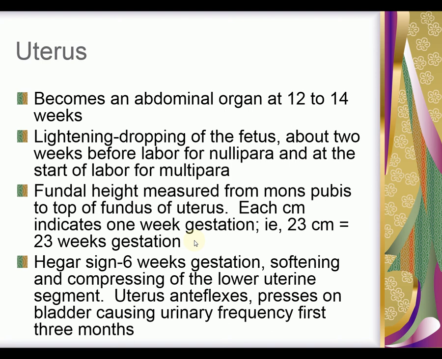So as it enlarges, around the 12th week, the uterus is becoming an abdominal organ. So you're not going to be able to palpate it at less than 12 weeks, and you may not be able to palpate it before 14 weeks. That's why getting fetal heart tones is difficult before this age, because the uterus is still in the pelvis, and it makes it a little difficult to get fetal heart tones.